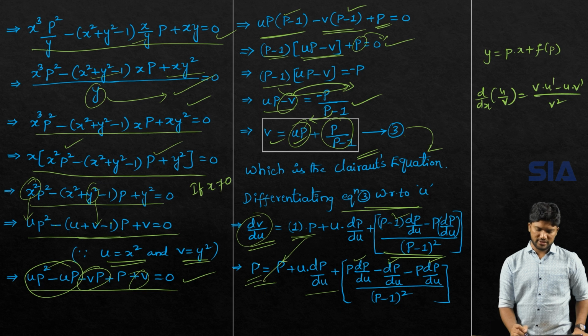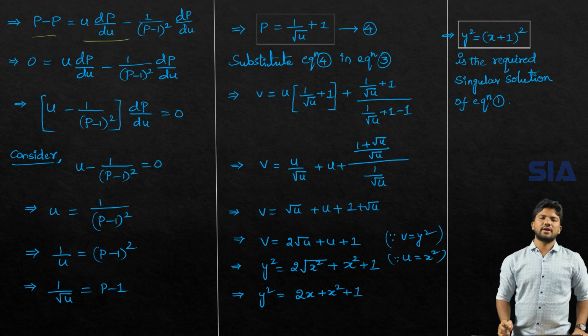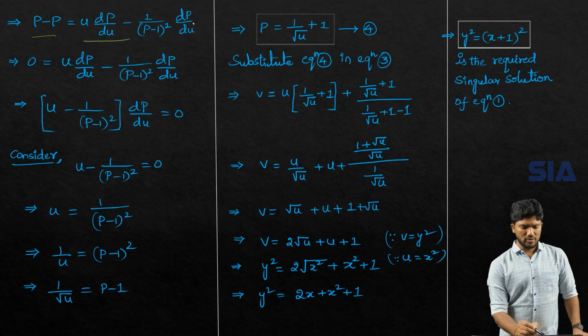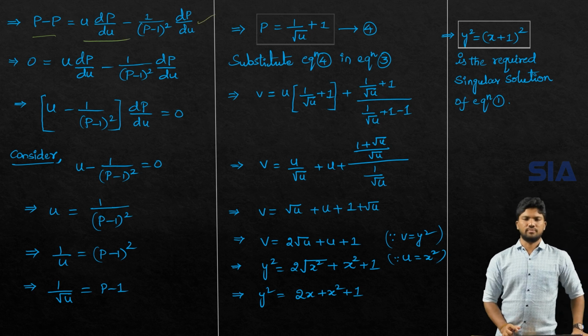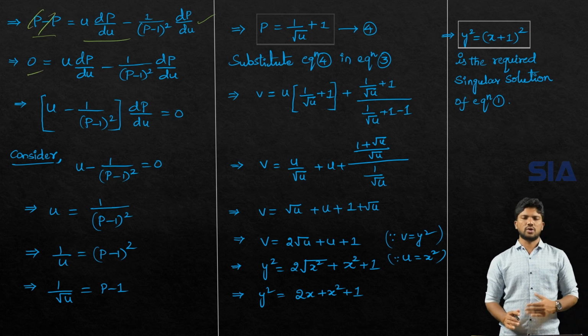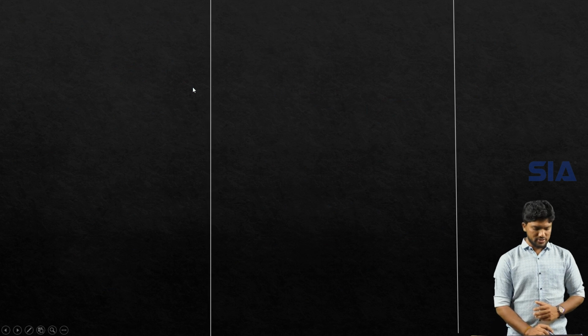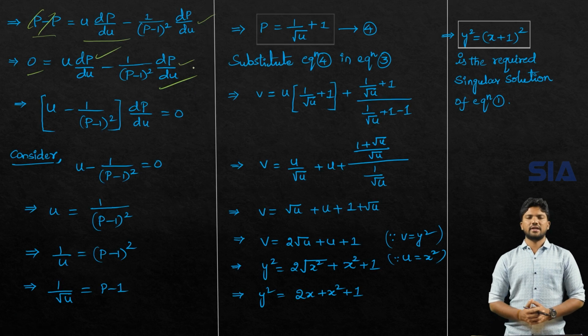On both sides this p will get cancelled. So p minus p equal to u dp by du minus 1 by p minus 1 whole square into dp by du. So p will get cancelled in LHS, 0 is equal to u into dp by du minus 1 by p minus 1 whole square dp by du.